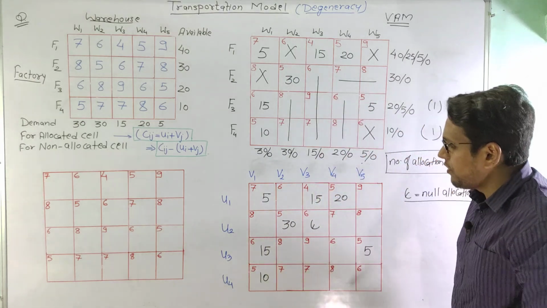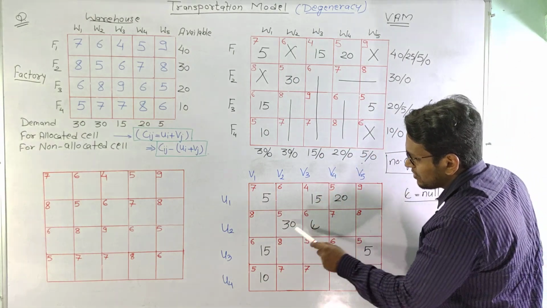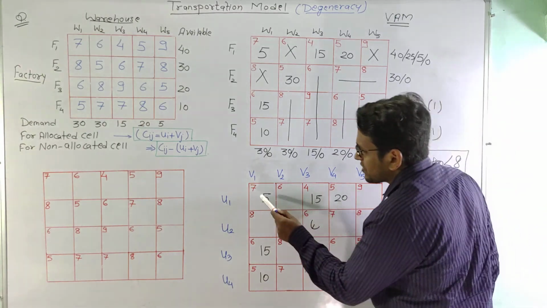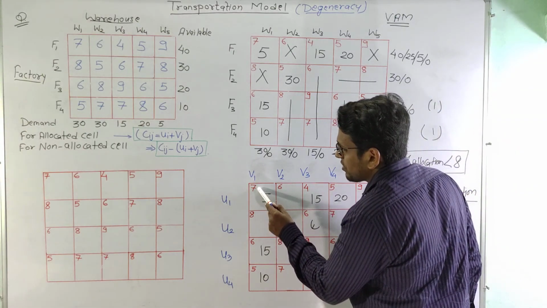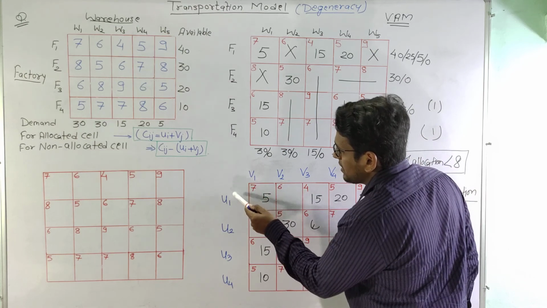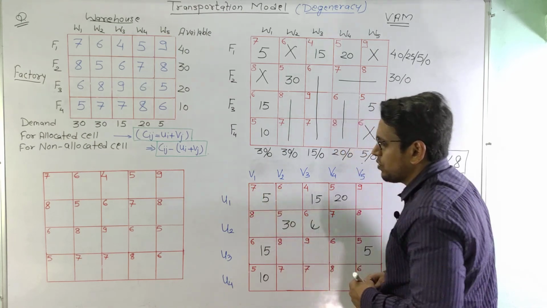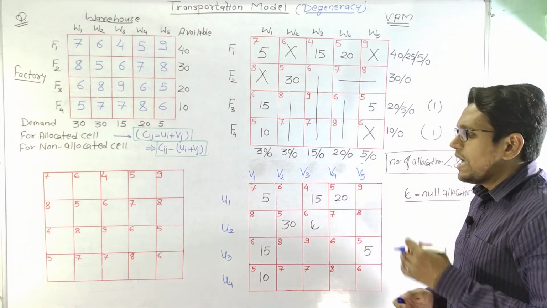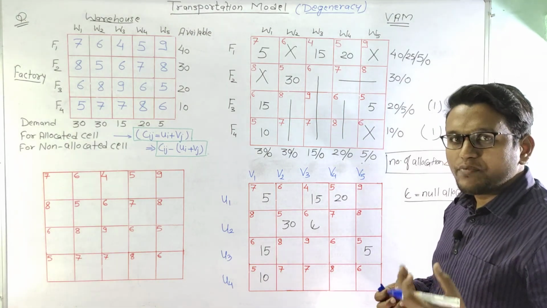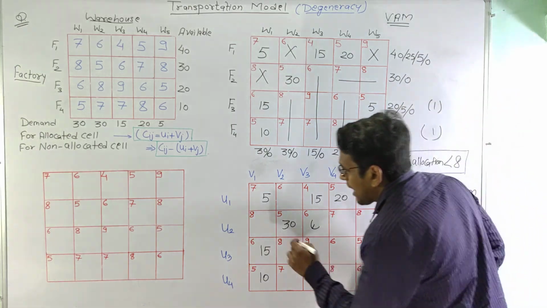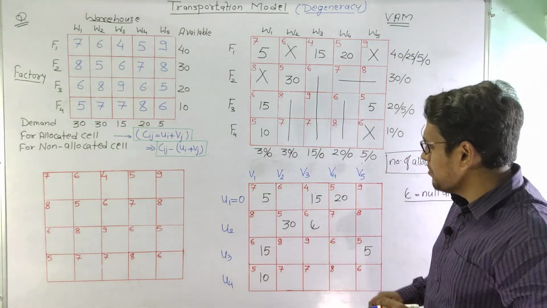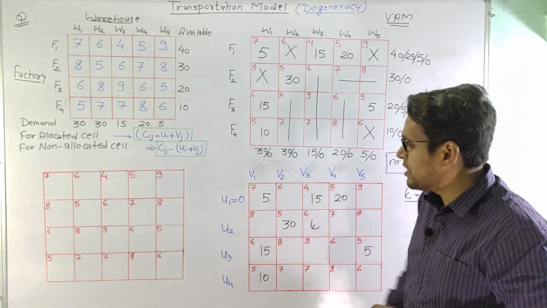So for all the allocated cells the value of Cij, that means unit transportation cost, is equal to ui plus vj. So what we'll do is we will select any of the variables as 0 and calculate the values of the corresponding variables. So I am selecting this value u1 as 0, and now I'll be calculating the remaining values.